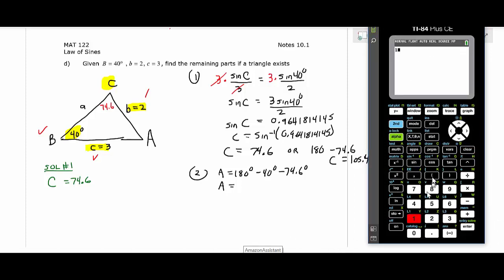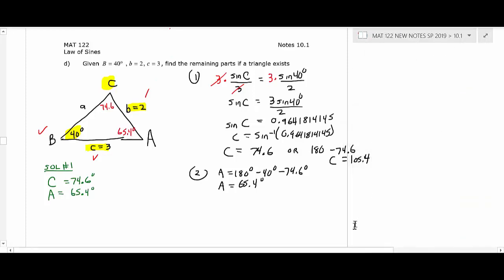So we go 180 minus 40 minus 74.6, and that will give me 65.4 degrees. So we now have angle A, 65.4 degrees. Okay. All right, so I'm going to put that in, and then there's one more step, and that'll finish up solution 1.